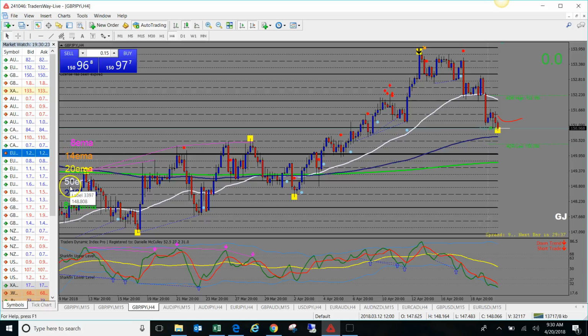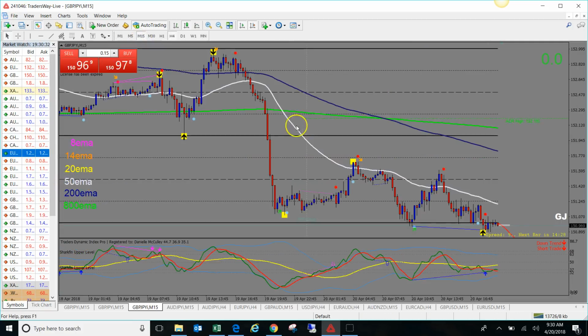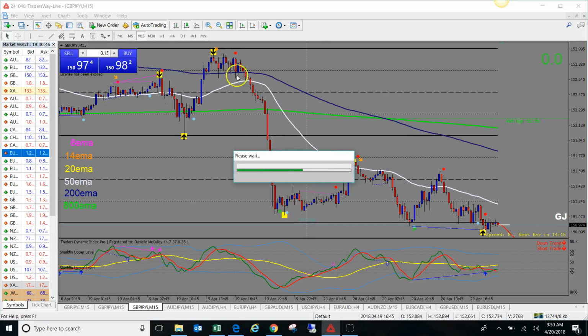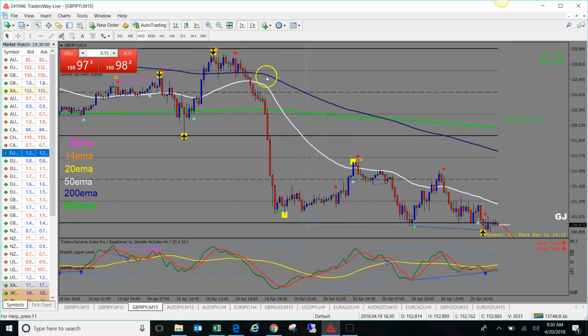The 14 and the 50 is good. And the 14, 50, and 200, that combination works good when the 50 is below the 200 or above the 200. So, I mean, it can't go anywhere else, right? So that's just something to be aware of. Always be aware of that 50 and that 200. That will let you know what type of market you're in.